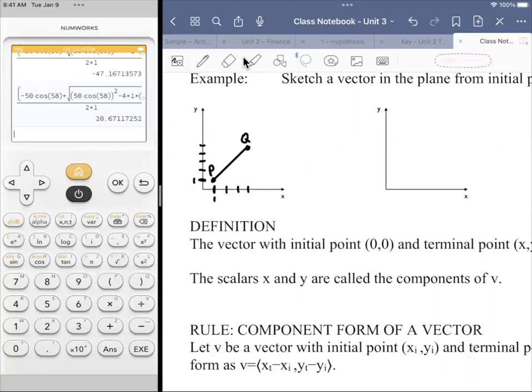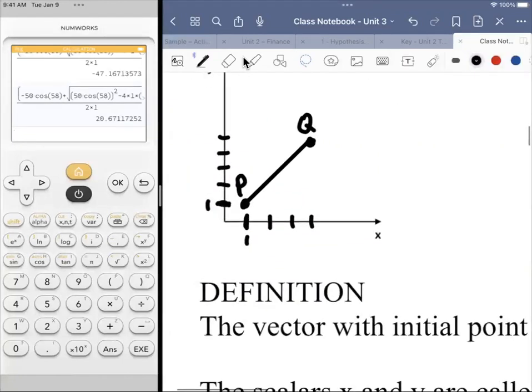We think about a vector as a movement from one point to another, at least in terms of the plotting of a vector. That's absolutely not what the definition is. The definition, again, is a quantity with both magnitude and direction. And we'll get to examples of that as we go.